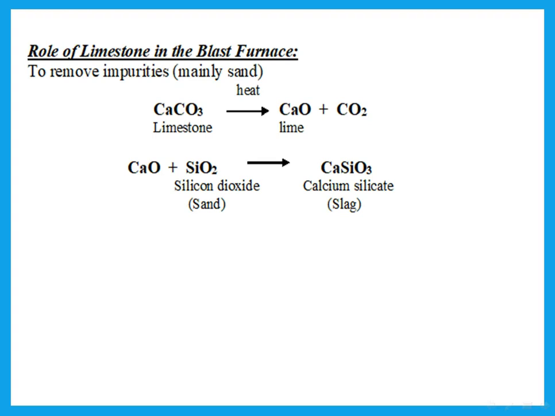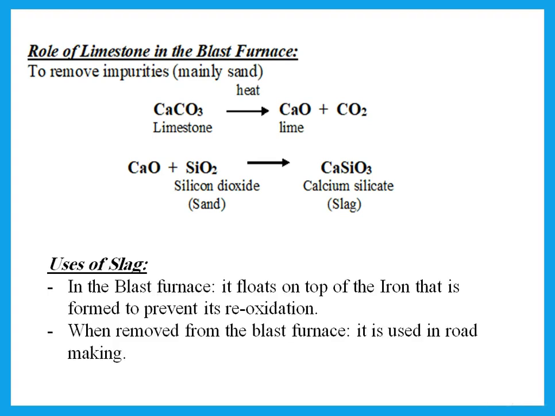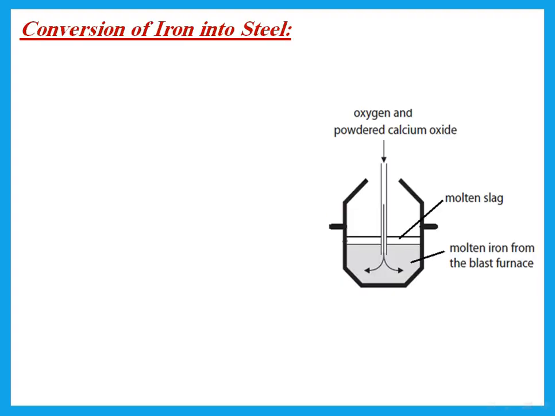The calcium oxide is a base. It reacts with the silicon dioxide, which is acidic, to form calcium silicate. The slag floats on top of the iron. So when it floats on top of the iron, it prevents the reoxidation of the iron. And then when we remove it from the blast furnace, it is used in road making.